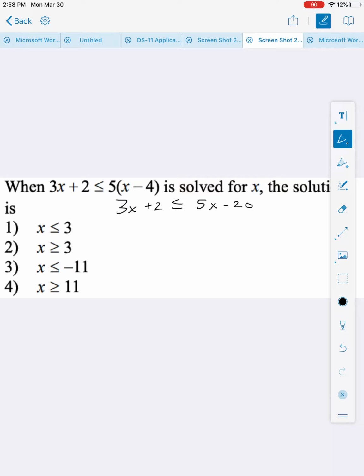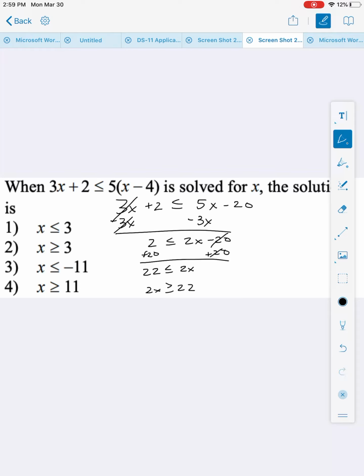Now I'm going to try to get my x's on one side. So I'll subtract 3x on both sides, and I'm left with 2 is less than or equal to 2x minus 20. I'll add 20 to both sides to give me 22 is less than or equal to 2x, or 2x is greater than or equal to 22.